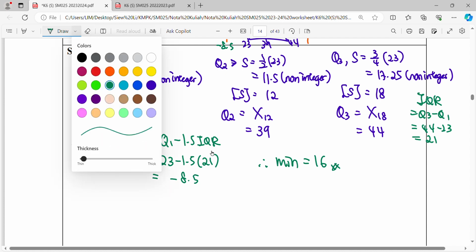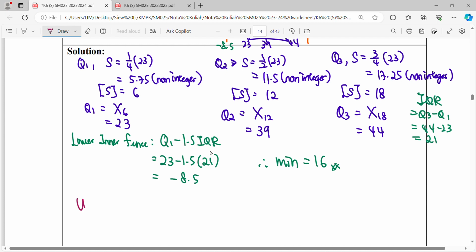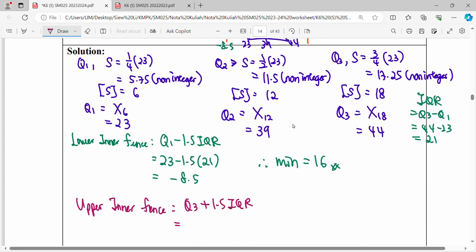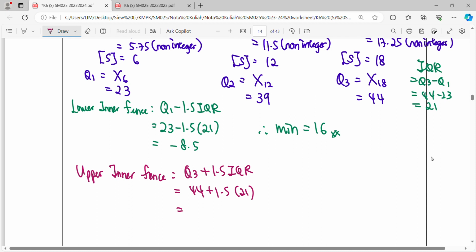Then we continue for the upper inner fence. The upper inner fence is after the third quartile. So the formula is Q3 plus 1.5 IQR. The third quartile just now is 44, and IQR is calculated as 21. So you get 75.5.